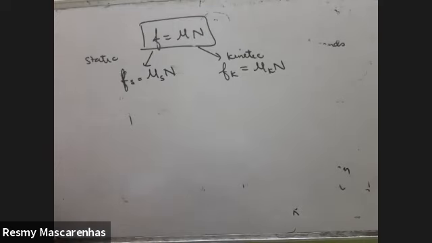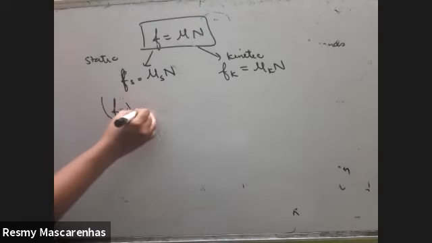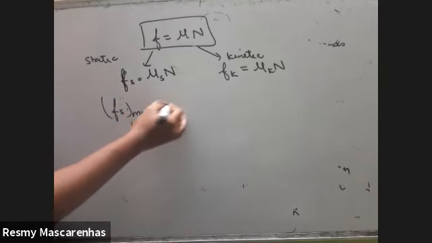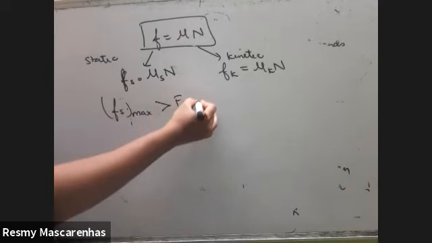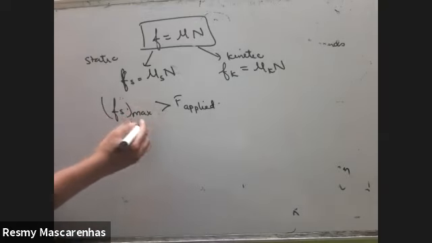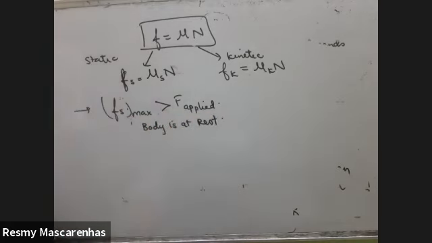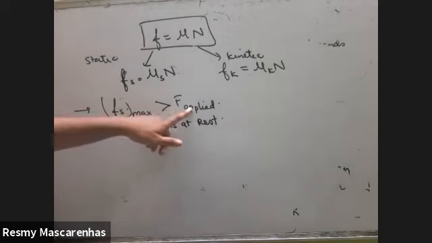Suppose if your f of s maximum, if you calculate, is greater than your force applied, then the body is at rest. What basically it means is, if that maximum limiting friction force is more than the force applied, definitely the body will not move.